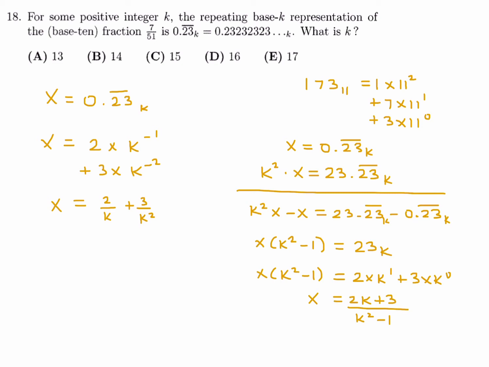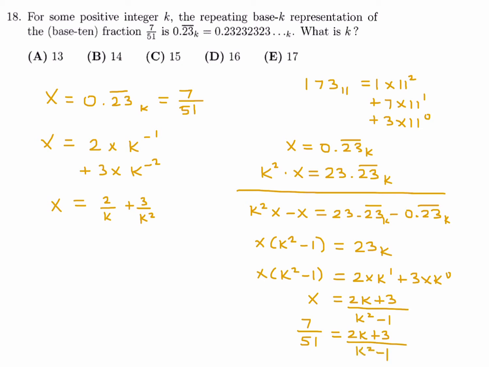And x, we know, is equal to this right here. But the question tells me that in base 10 it's equal to 7 over 51. So this, in base k, is this, but in base 10 is 7 over 51. So I can put that 7 over 51 here, and that will allow me to solve for k.